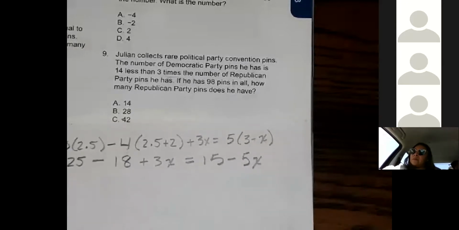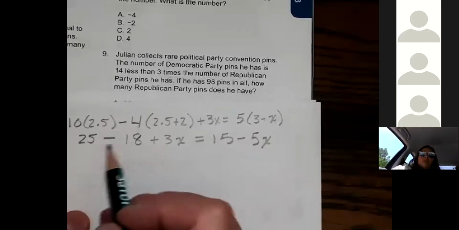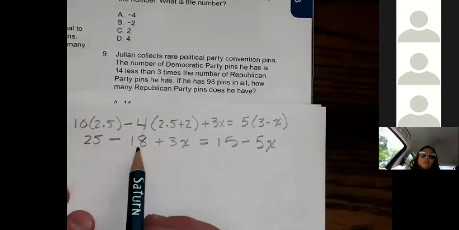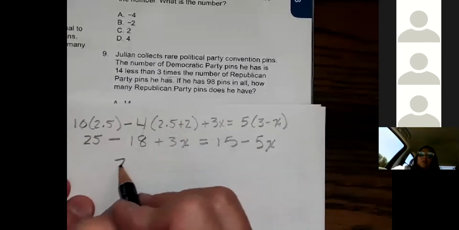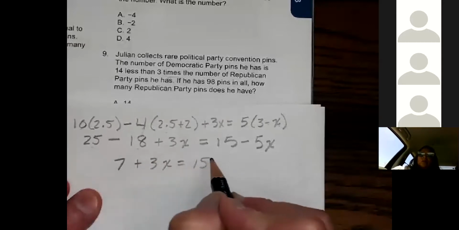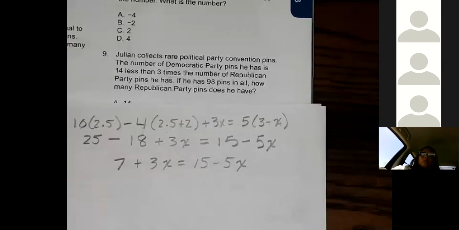So now we've gotten rid of all of that y stuff that was in the equation. We can still do this subtraction. 25 minus 18 is 7. Ooh, this is looking a lot better.